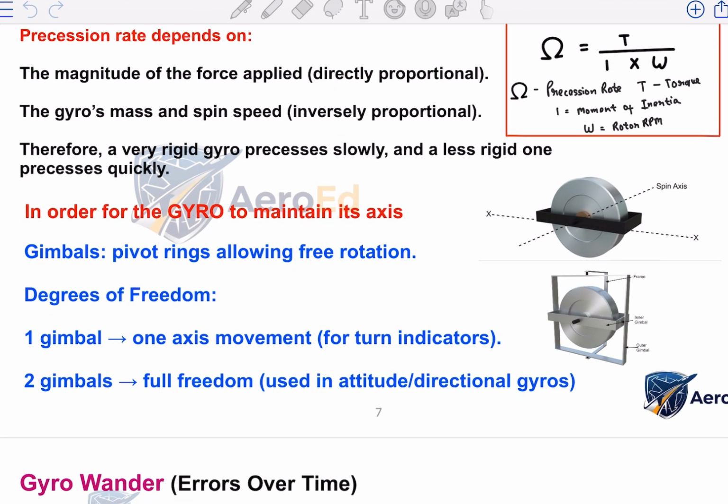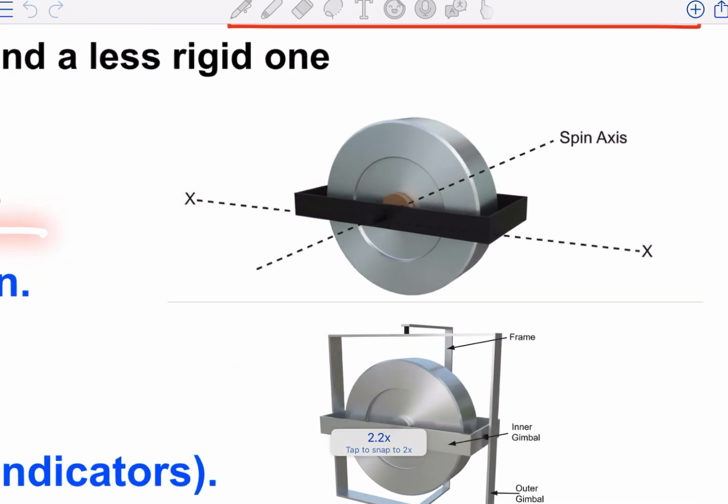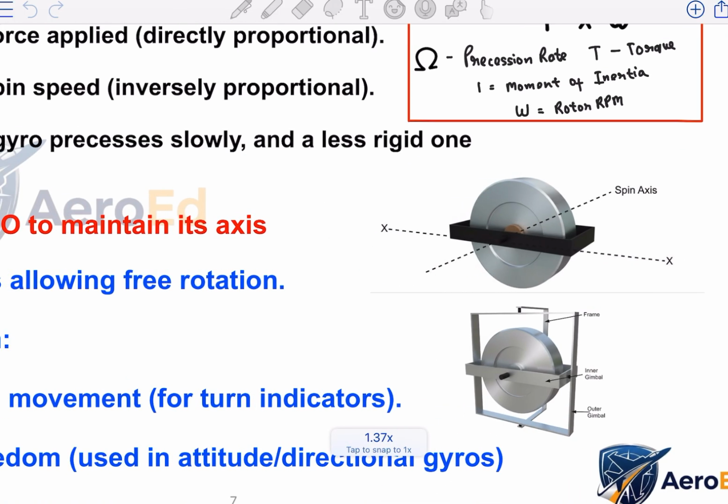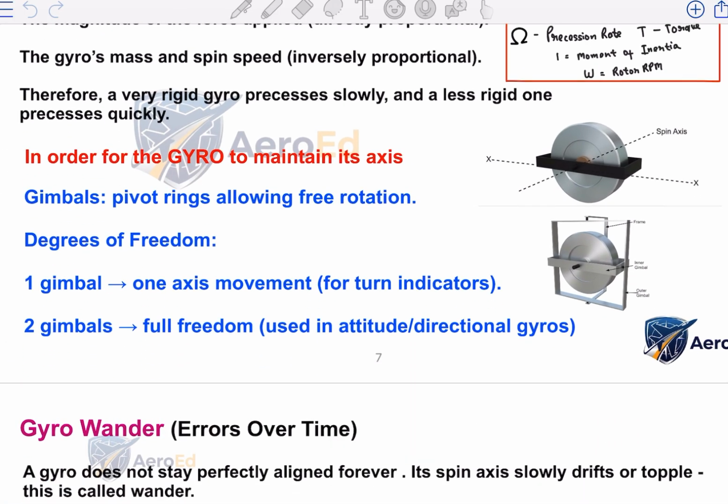Alright, so in order for the gyro to maintain its axis, we have introduced gimbals. So what are gimbals? As you can see from here, gimbals are like rings that hold the spinning wheel. They let the wheel tilt smoothly in different directions. There are one gimbal and two gimbals. One gimbal gives one axis of movement, that means it lets it turn side to side.